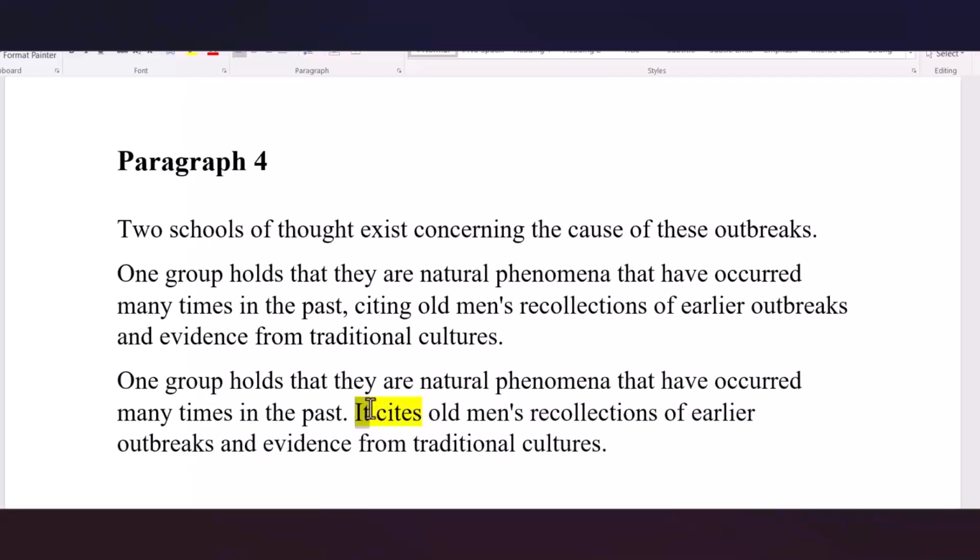Since the subjects of these two sentences are one, or they refer to just one thing, we can reduce one of them.